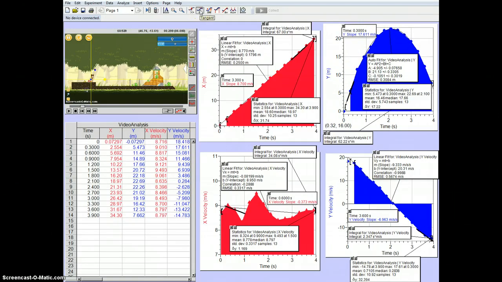We click on the tangent tool and we can see the slope of the Y graph is changing, and on the top the slope is 0, and we can also look down to the y velocity graph, so we can see on the top, the point when it's 0, the y velocity is crossing the x axis.